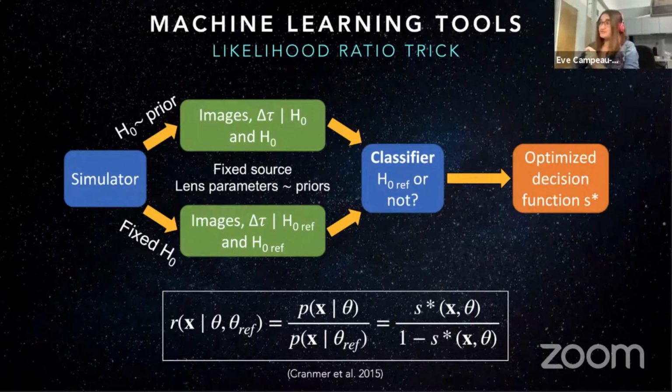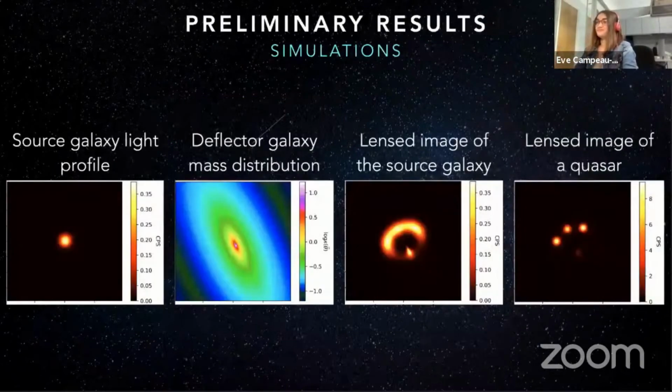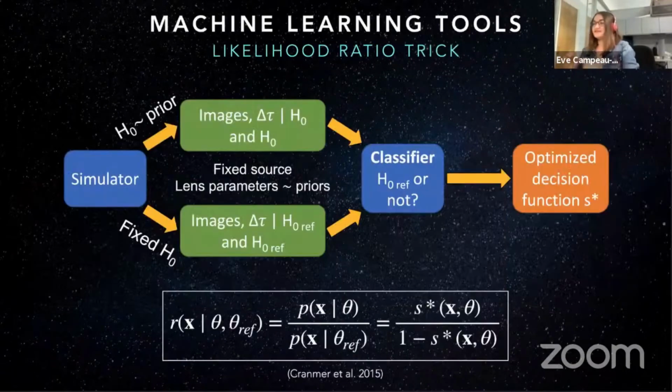And it has been proven that the optimized decision function of this classifier can be used as an estimator for the likelihood ratio, which will give us the distribution for H-knot. Oh yeah, sorry, I forgot to mention: to measure H-knot from this, we just have to give a real observation to our classifier with many values of H-knot, and then we will have a distribution with an uncertainty.